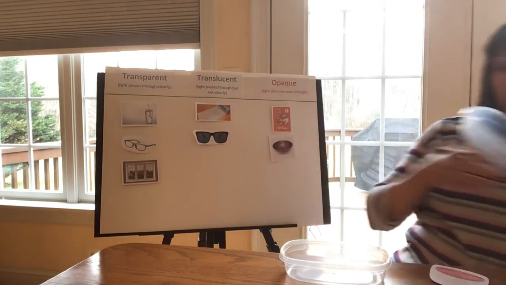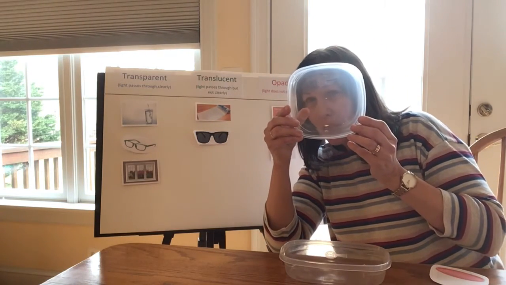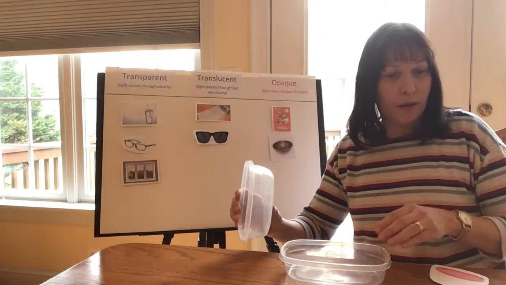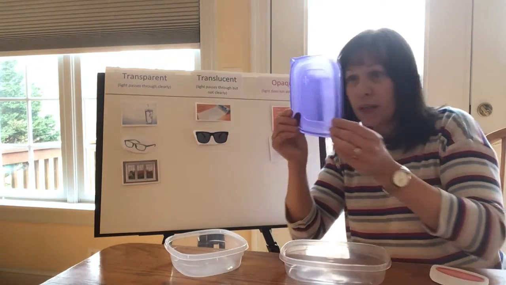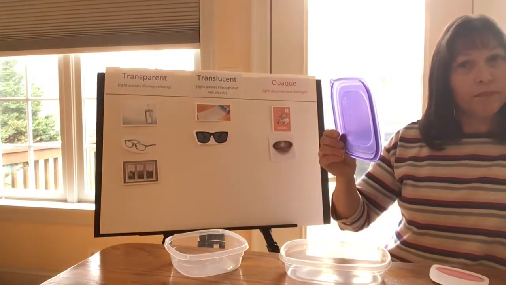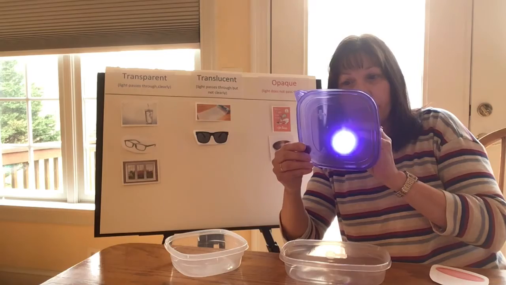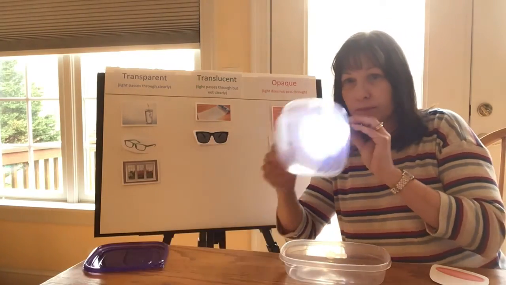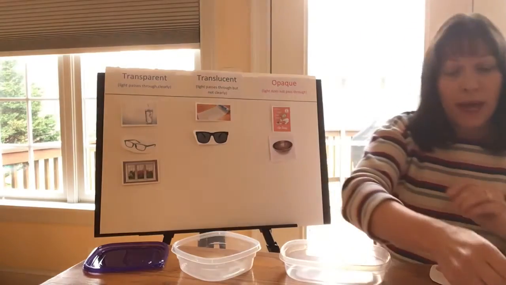But food containers, kind of cloudy. You can see me, but not clearly through them. The lids, same thing. You can see through them, but not clearly. Light passes through, but not clearly. These are examples of opaque.